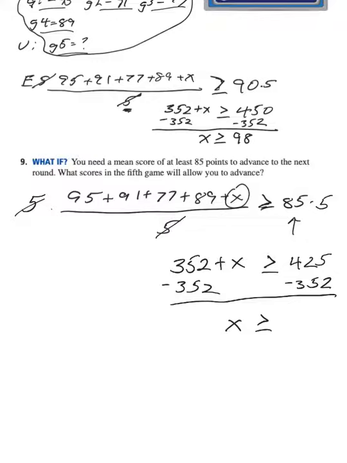No, actually, I got that right. Sorry about that. 425 minus 352 is 73. So it would have been nice if that's the way you advance. But anyway, with a 73, you would advance to the next game.